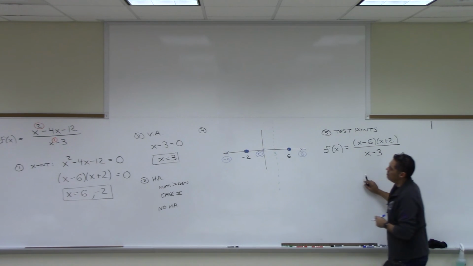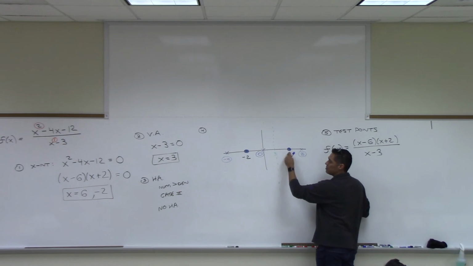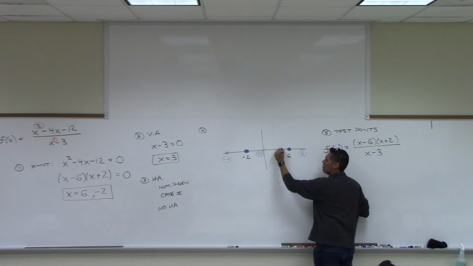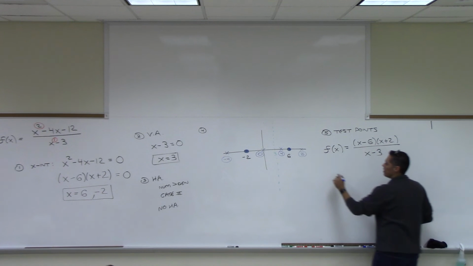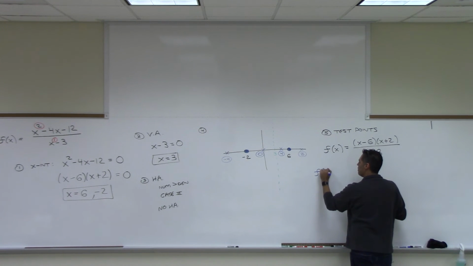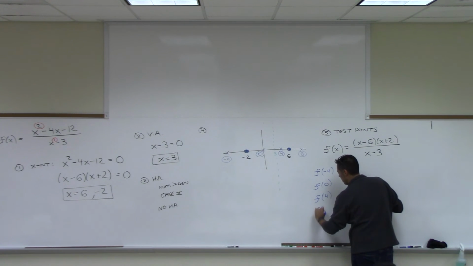Where's a place where I don't know what's happening? Between the 3 and the 6. How about 4? So my test points: I need to plug in -4, 0, 4, and 8.